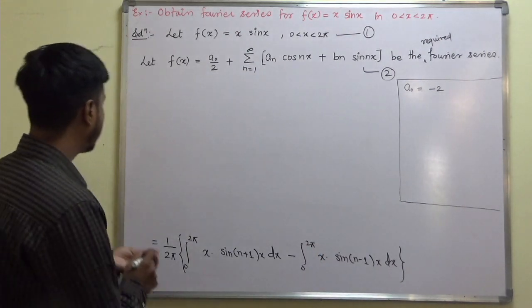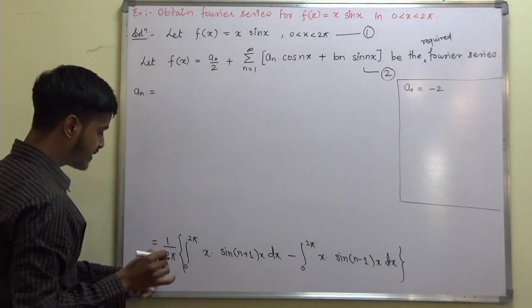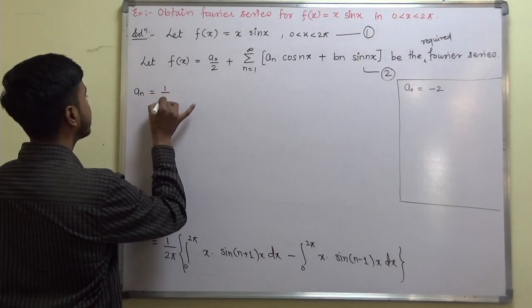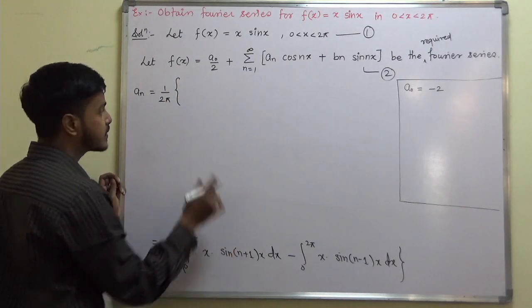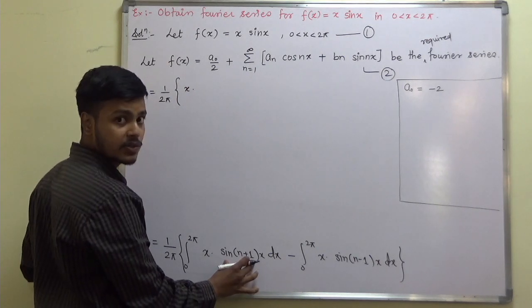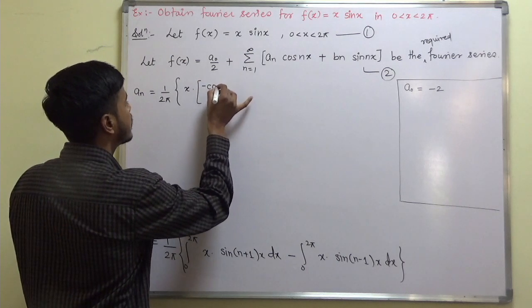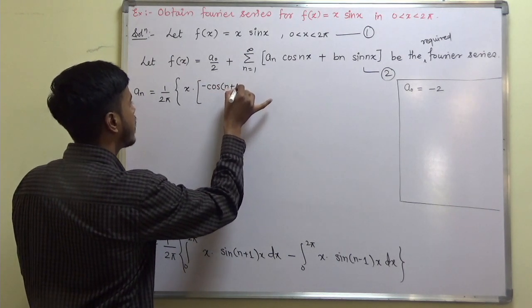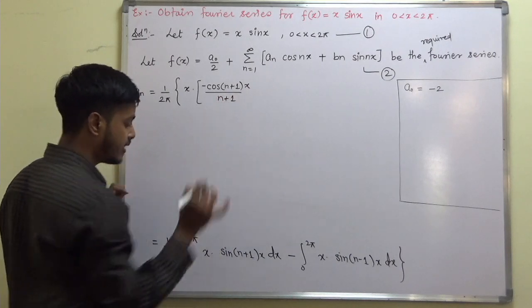So see here now, my an is equal to 1 upon 2 pi. Apply integration by parts to this: this is the first function, integration of sine is minus cos (n plus 1)x divided by the coefficient of x, that is n plus 1.